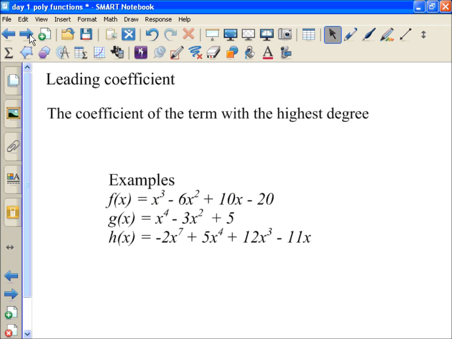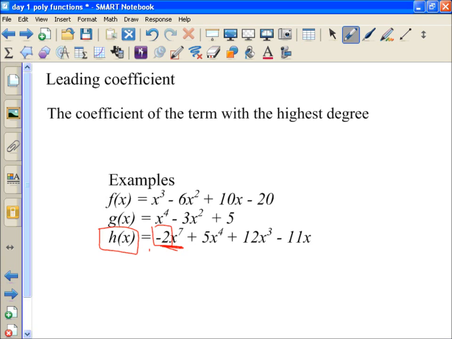The other thing that we need going forward, and we did talk about this a little bit last class, is what is the leading coefficient? The leading coefficient is the number in front of x in the term with the highest power. So for example, in h of x here, this is the term with the highest power, and the coefficient is -2. The constant in front of the variable is -2.